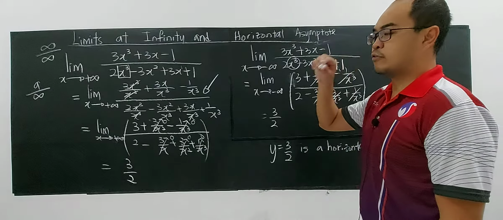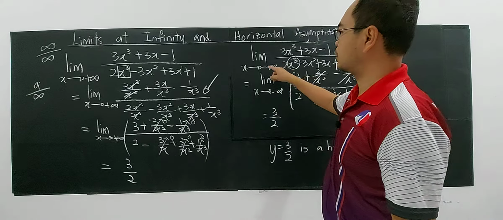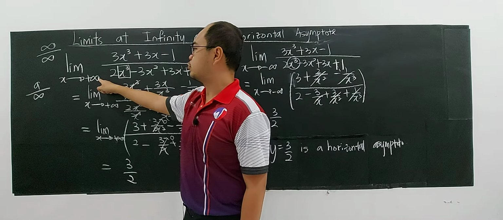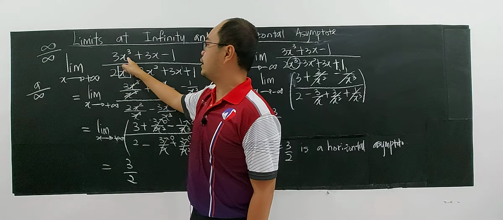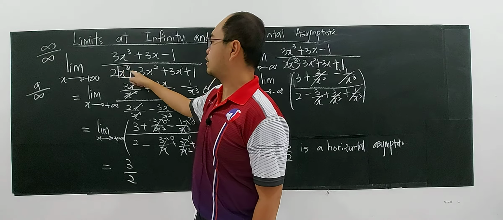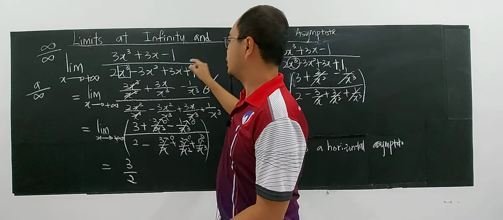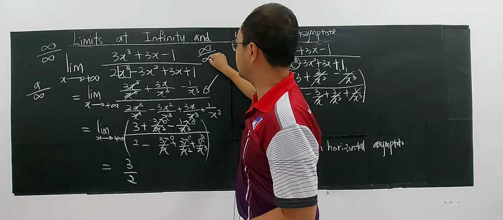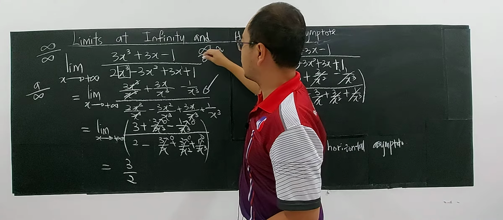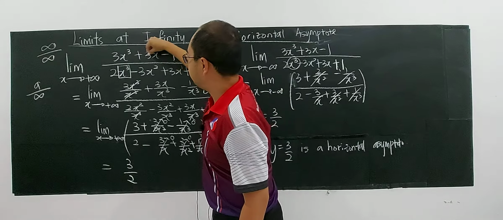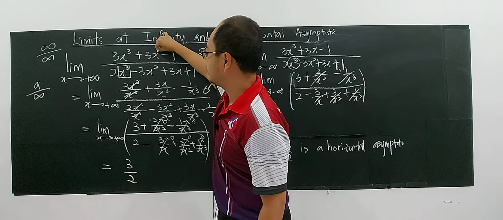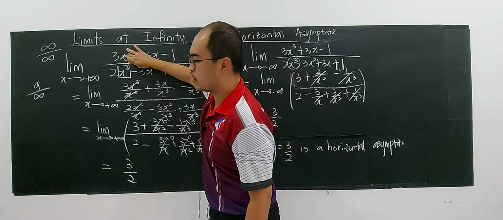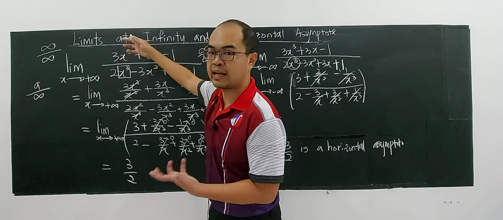Why? If you have free time, you can try to substitute a value that is very big. You can choose 1 billion. You put 1 billion inside here and key everything into your calculator. When you divide these two numbers, even though it's infinity over infinity, the value is around 3 over 2, because this one is insignificant. 3 times infinity here is not bigger than this one, which is infinity cubed, a very large number.